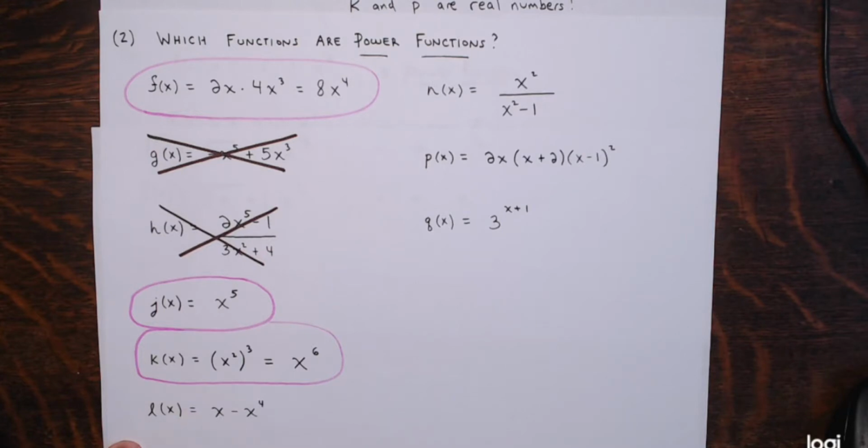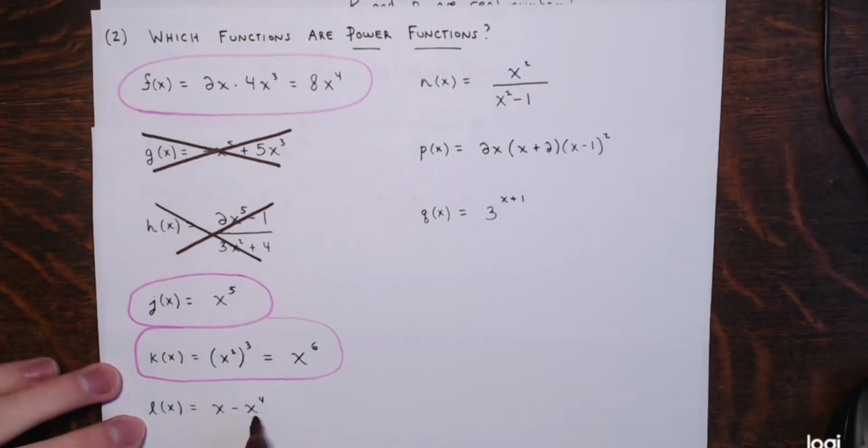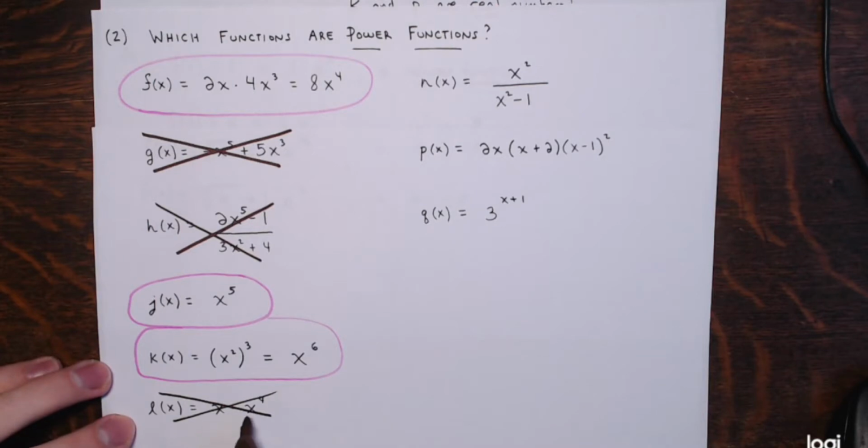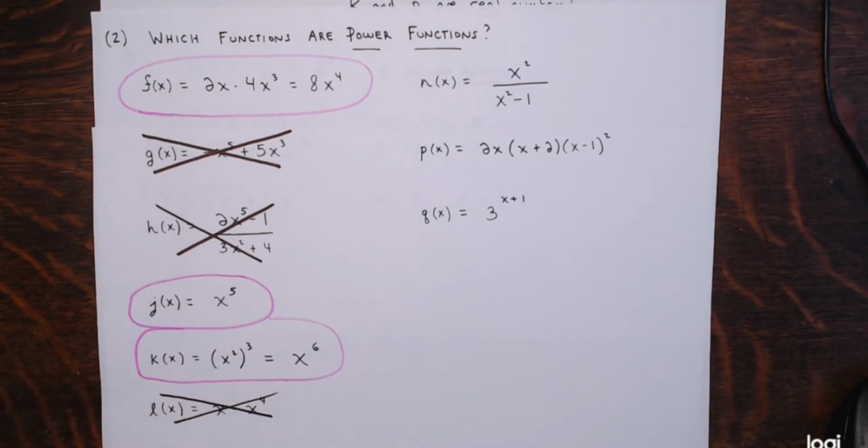But here we have the sum of two power functions. That's not on its own a power function. I can't write this as a number times just x to a power. So that's not a power function by definition. It's the sum of power functions, but not itself a single power function.